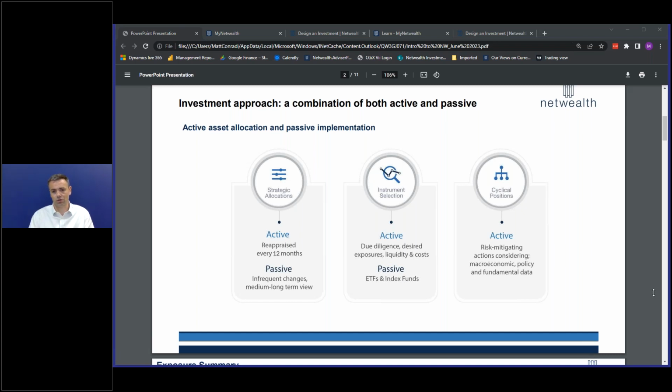And that's over on the right-hand side, is thinking about the cyclical positioning. If we think that there are particular risks embedded in a strategic allocation for a given portfolio, and we think that we can mitigate those, then the investment team will act on that belief. And these are typically risk-reducing measures designed to smooth that path of returns, which has a goal of making sure that clients have a bit more confidence in the market risks that they're taking.